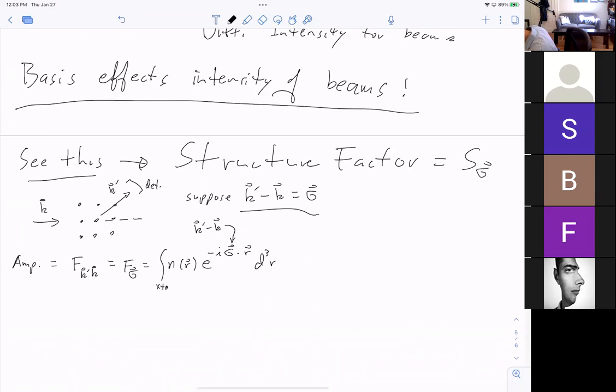Okay, so that's the amplitude of the X-rays in my detector.